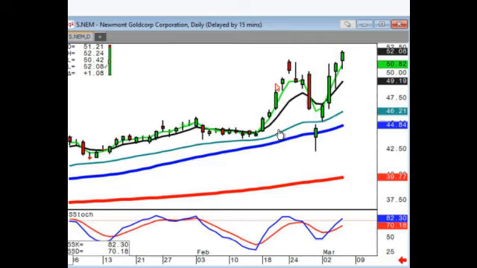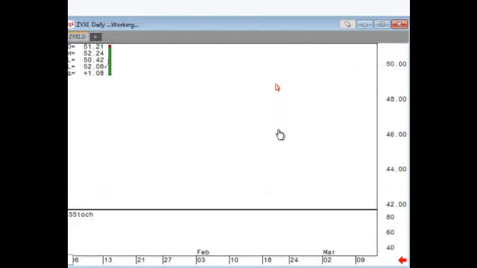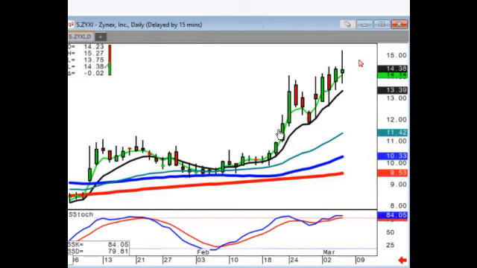So we're more apt to be putting ourselves into positions that have the higher probability. Again, here's our classic pattern, a fry pan bottom followed by a J-hook. This one traded up pretty good today, but closed just slightly lower. But what's our ultimate trend analysis of this one? We pretty much stay long as it stays above the T-line.